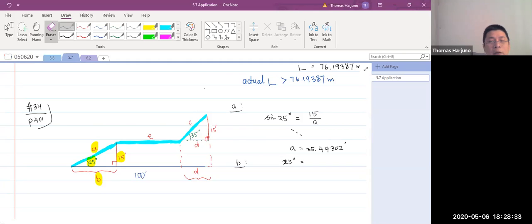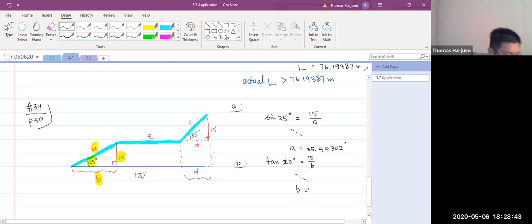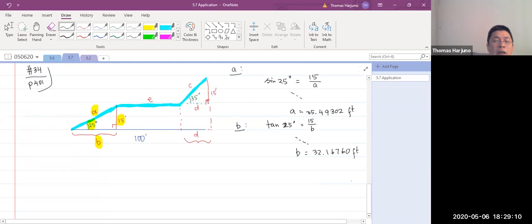Tangent 25 degrees is 15 over B. So B will be 15 over tangent 25 degrees, and I get 32.16760. Let me avoid using the degree symbol because I may confuse that with angles. Let me write feet instead. So I get A and B.